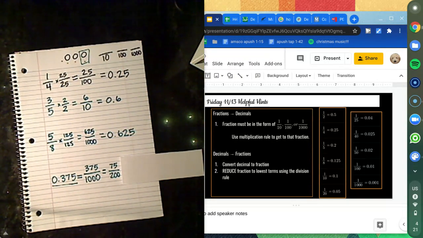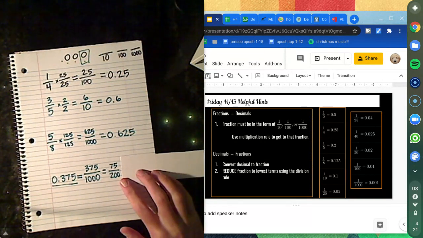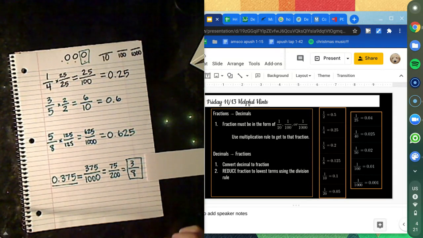And you may not know how to do that exactly, but if you think about money, or you can list your multiples of 25, then you'll figure out that that is equal to 3/8. Okay? Now again, you could divide by 5 and then divide by 5 again. That is fine. That's totally fine. However you get to the answer, as long as you do get to it.